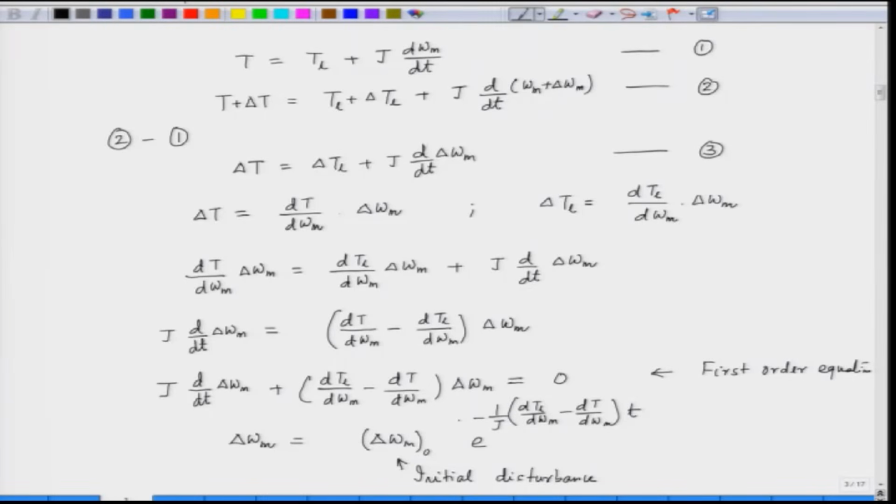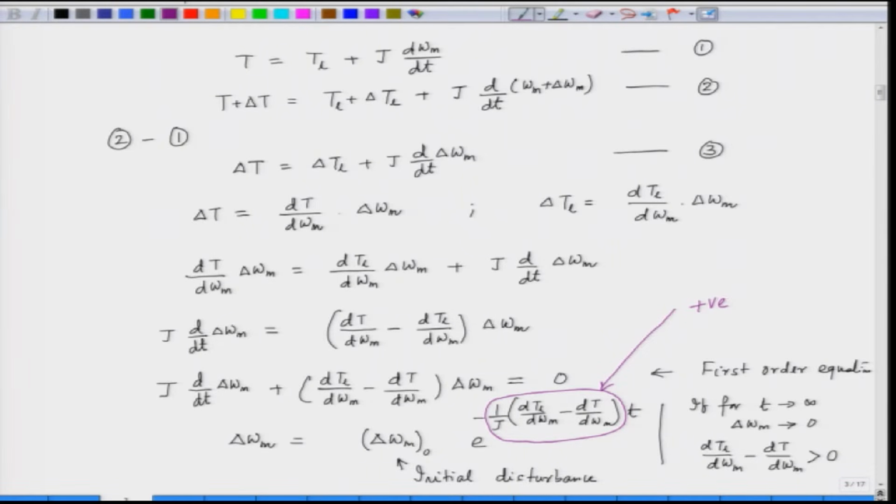So, for delta omega to tend to 0, the coefficient here has to be positive. We should say that dT L by d omega m minus dT by d omega m should be greater than 0. It means this value, which determines the decay of the exponential, should be positive.